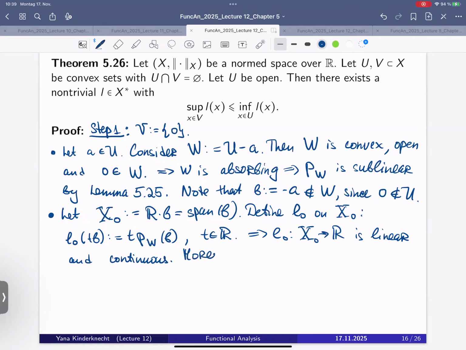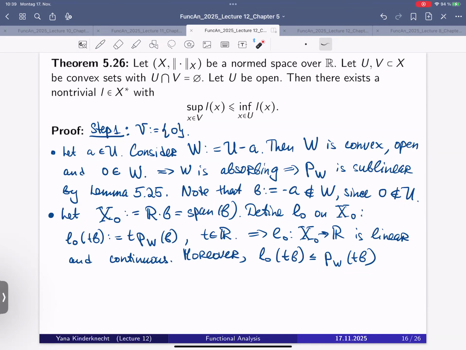Moreover, we have that L0 of TB is smaller or equal than the Minkowski functional of TB. Now we use this sublinearity. What does sublinearity mean?